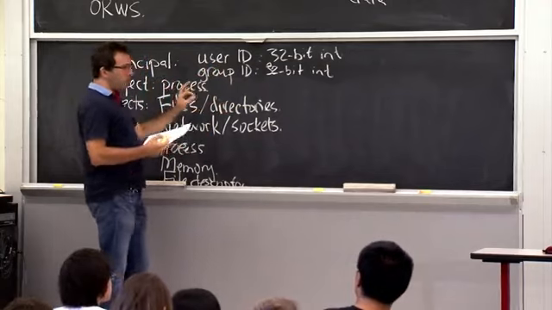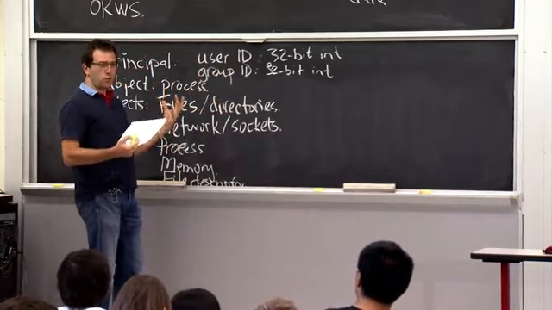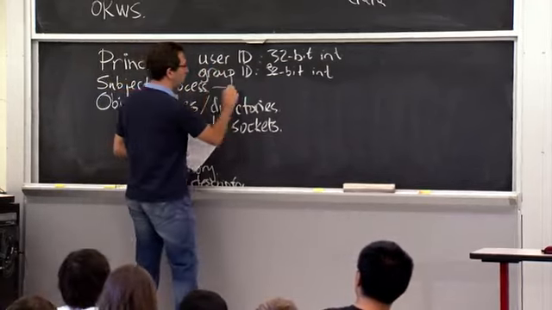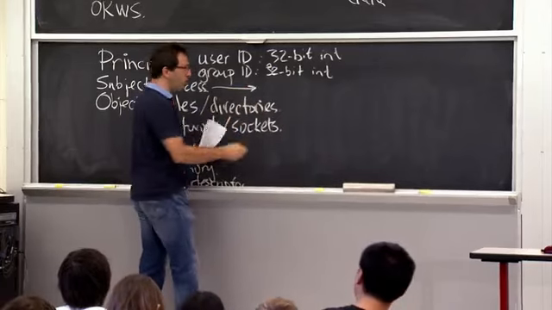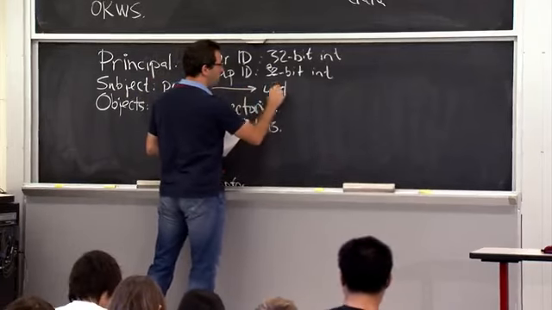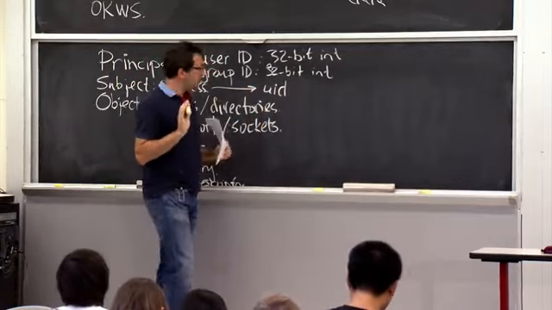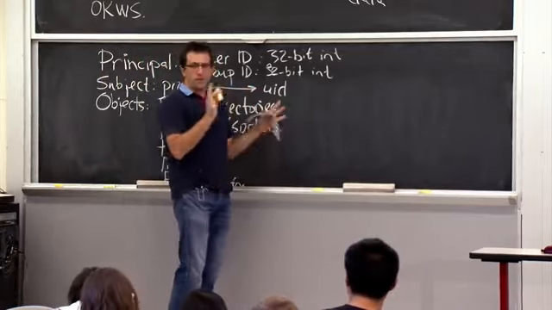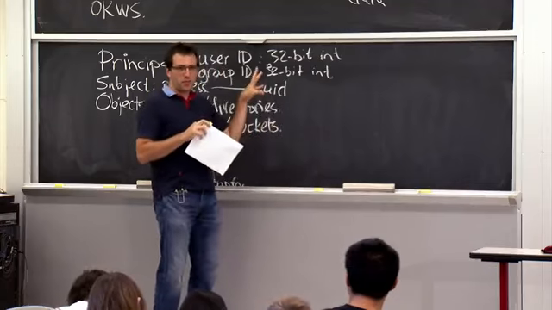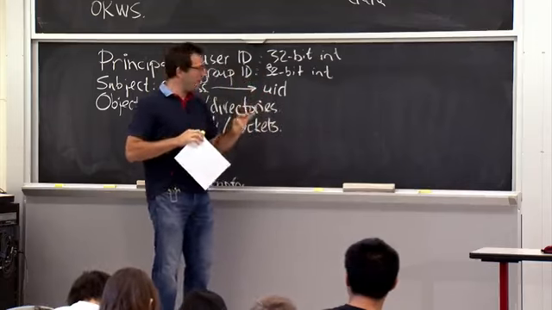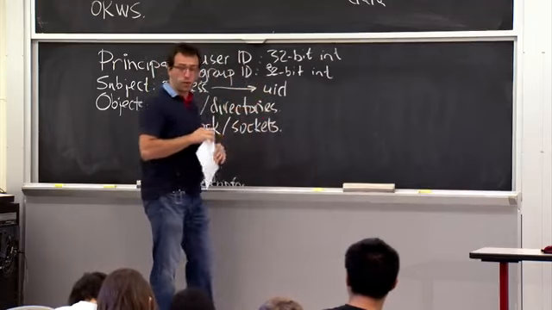When we talk about a process having certain privileges, we typically think of a process being associated with a particular UID value. So a process, for the most part, has a single UID. As with almost everything else, there are complications everywhere in Unix, but I'll simplify it for now. A process has one UID.